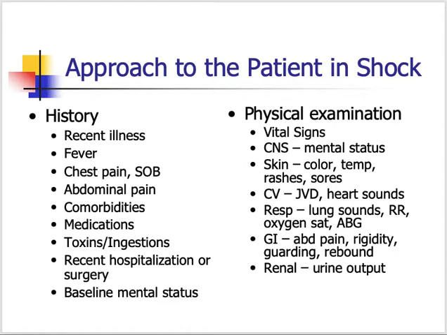Recent history should be taken, because you are checking whether it's septic shock, a distributive type of shock, anaphylaxis, neurogenic, hypovolemic, or endocrinal. History taking is very important. You will look for fever, any insect bite, any prior illnesses, any road traffic accident and everything.